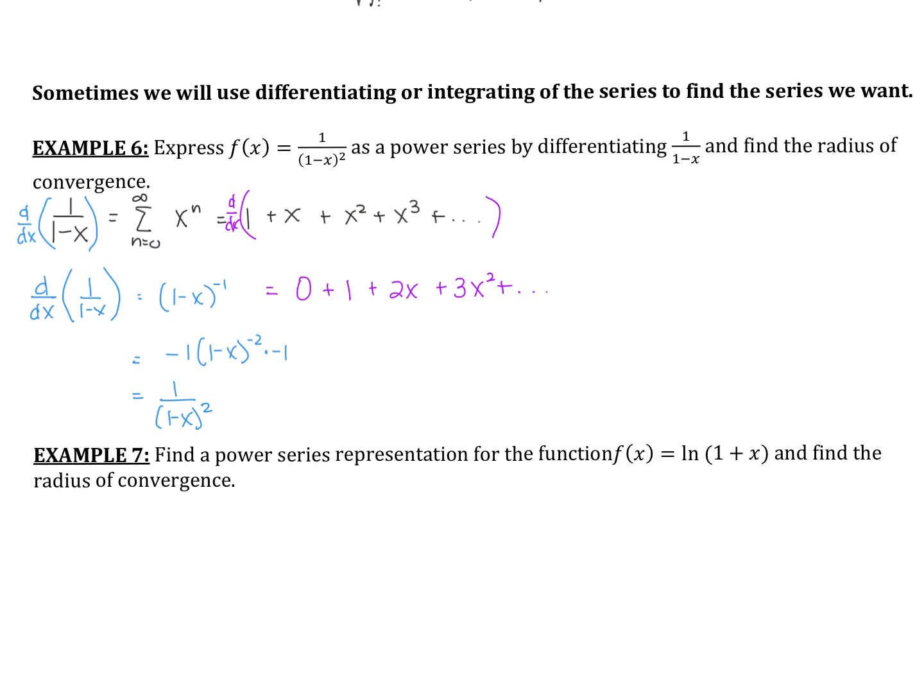Okay, so if the derivative of 1 over 1 minus x, which is equivalent to this series, is 1 over 1 minus x squared, then doesn't it stand to reason that these terms should be 0, 1, 2x, 3x squared, plus, and we can keep going.